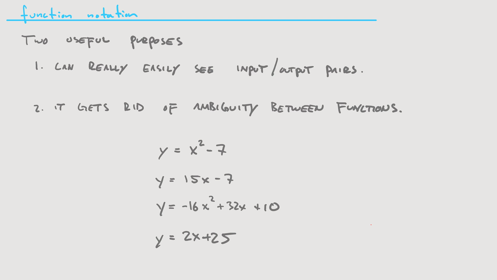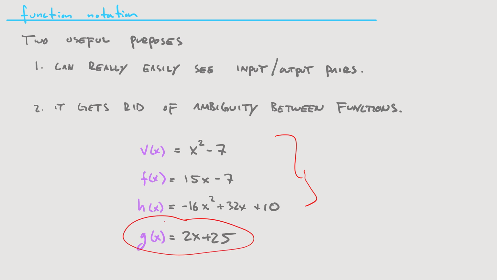I didn't specify which one you're supposed to be evaluating. But if we name them all, V, F, H, and G, and then I said, okay, now evaluate G at 7, well, then you can ignore all of these ones and just plug in 7 for this one. So being able to name the functions and refer to them by their name makes things a lot easier when you have a ton of functions and you want to focus just on one of them.